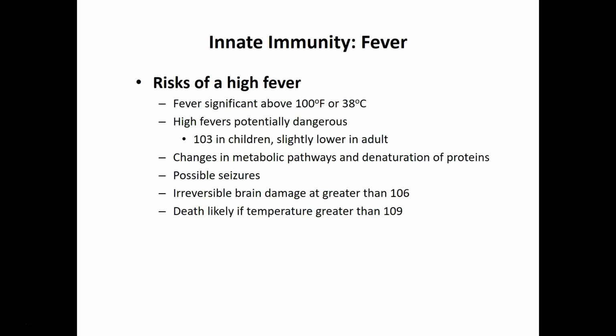The danger is that high temperature starts to affect protein structure in the body, and it can denature proteins. A denatured protein loses its usual shape, and it becomes at least less functional and perhaps even non-functional. So this affects metabolism. If enzymes are not functional, metabolic pathways are disrupted.